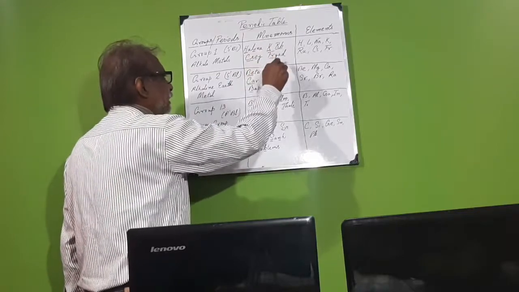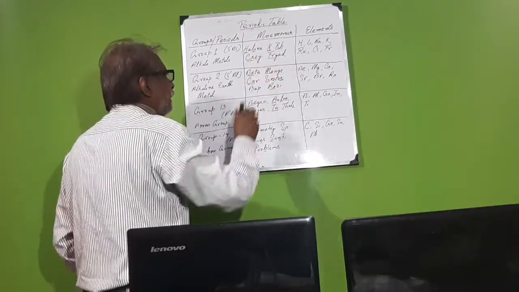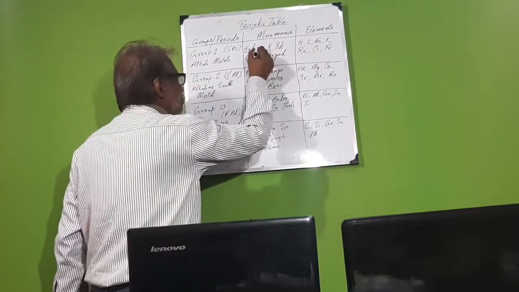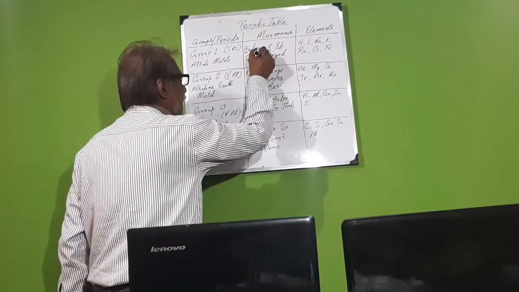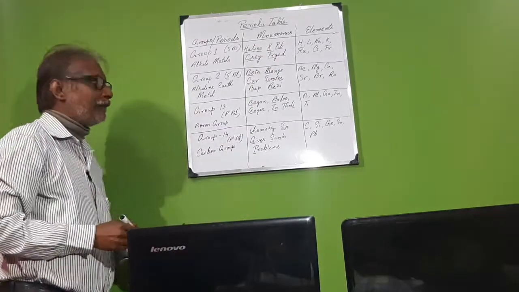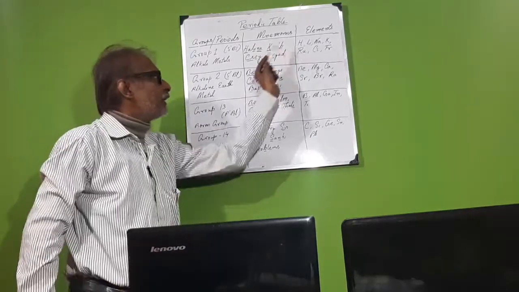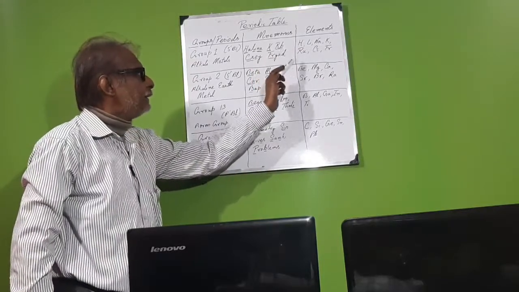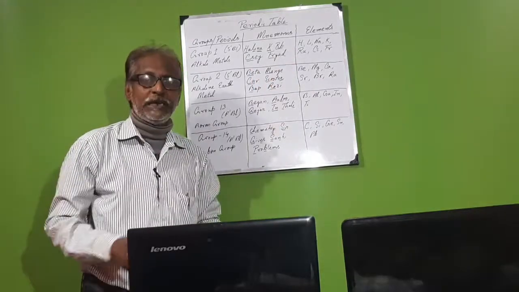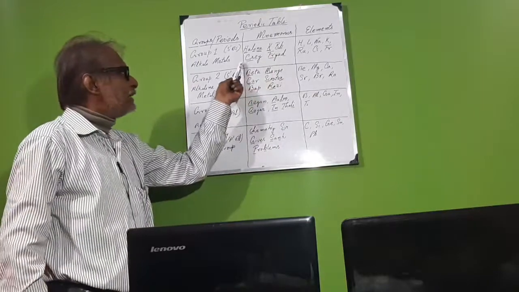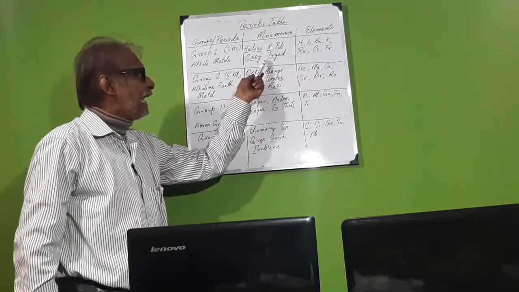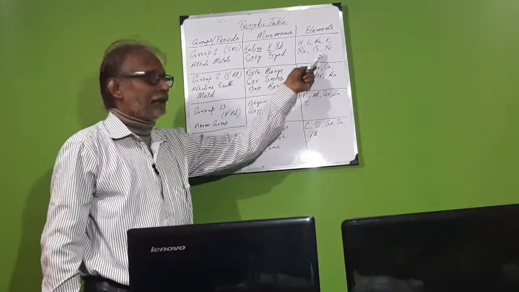Na is sodium, and I am underlining it. The third one is K. The fourth one is Rb, rubidium. Then Cs, cesium, and Fr, francium.